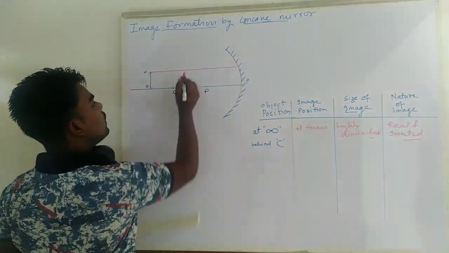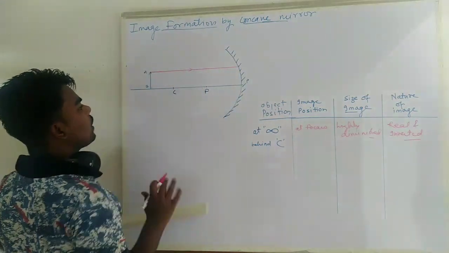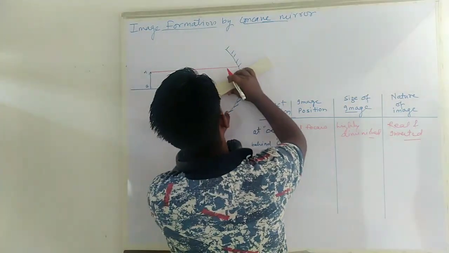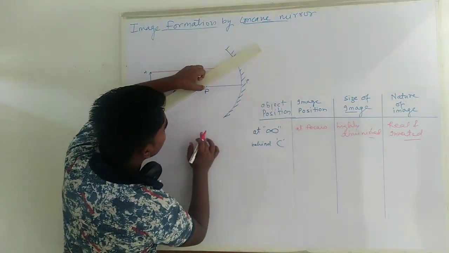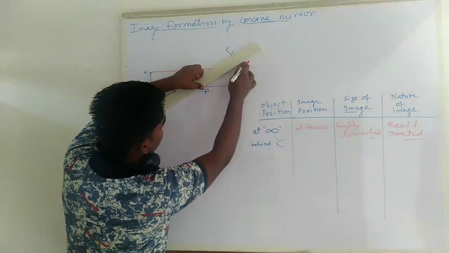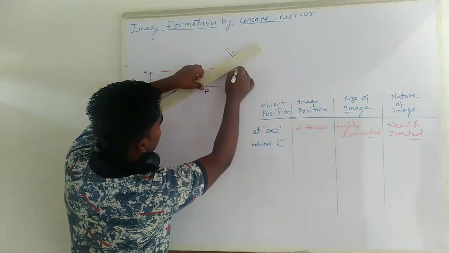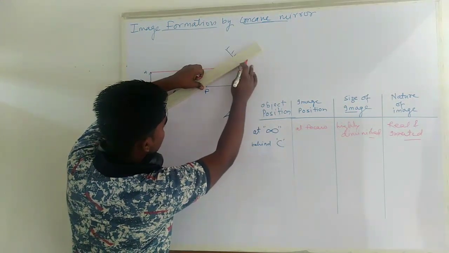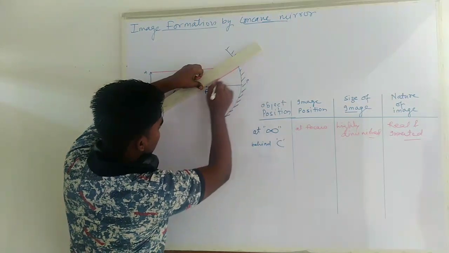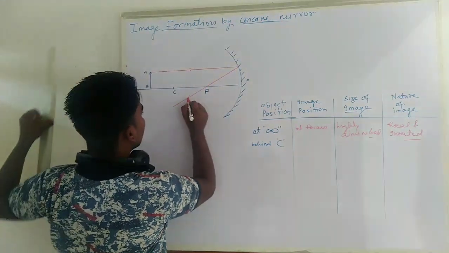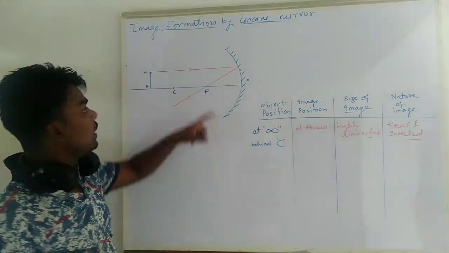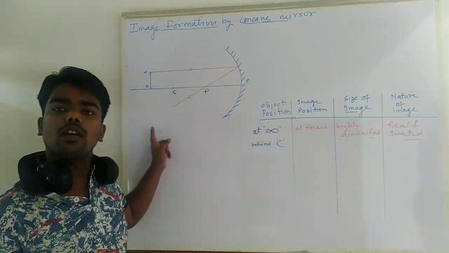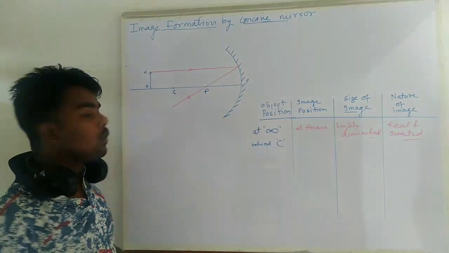This is the incident ray; after reflection, it will pass through the focus. This is the first rule: if a light ray is parallel to the principal axis, after reflection it will pass through the focus.